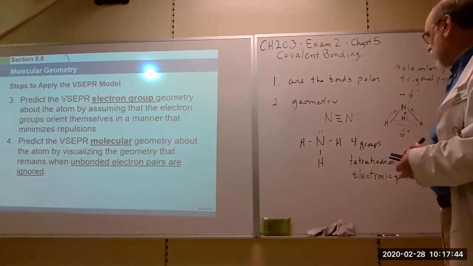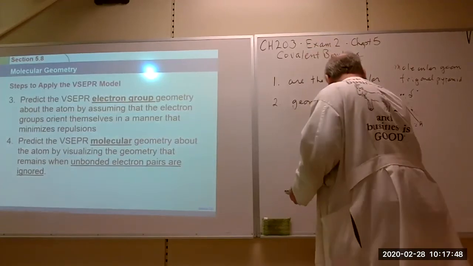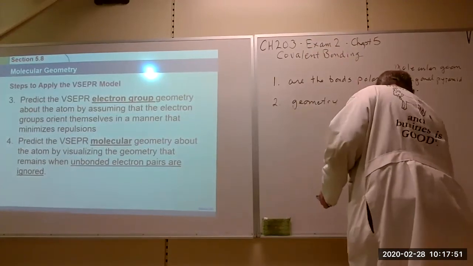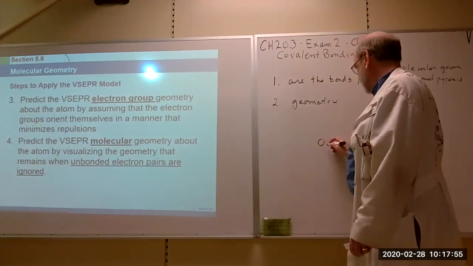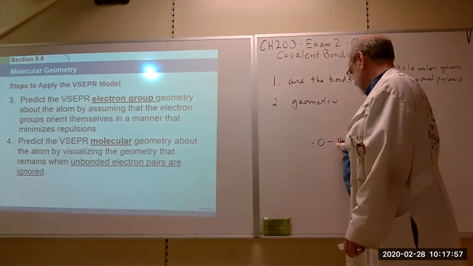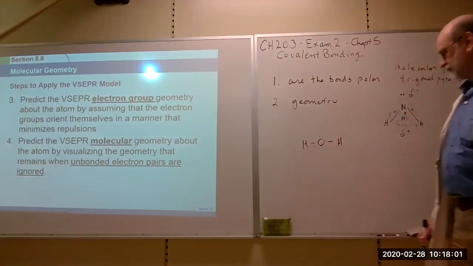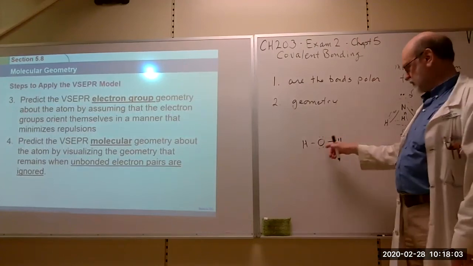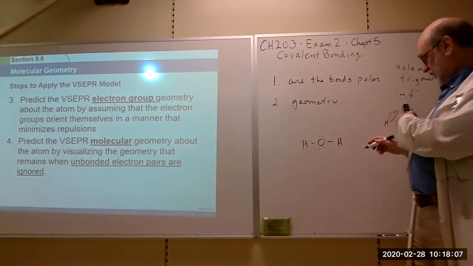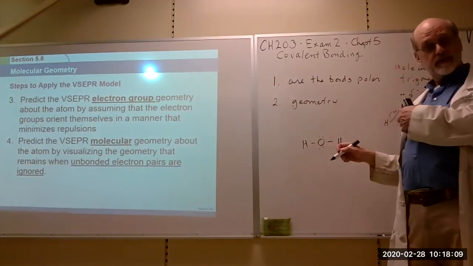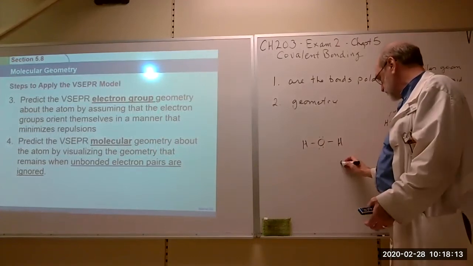Okay? So for water, we draw water. Our Lewis structure might look like this. Okay? 2, 4, 6, 8, 2, 2. Okay? We have 4 groups, so it should be in the form of a tetrahedron electronic structure.